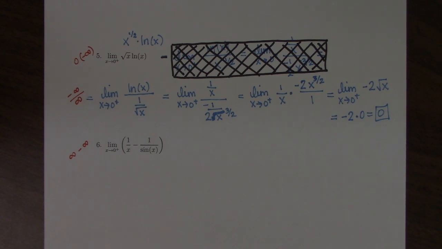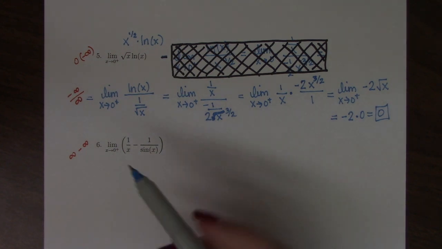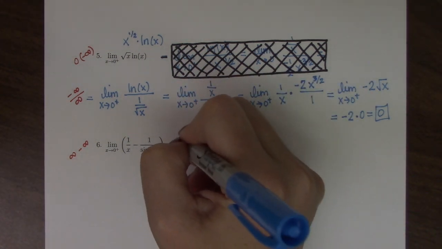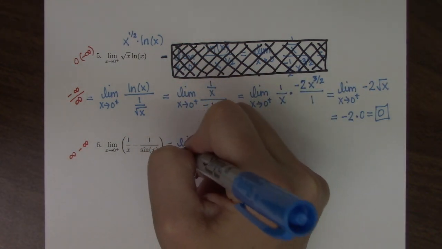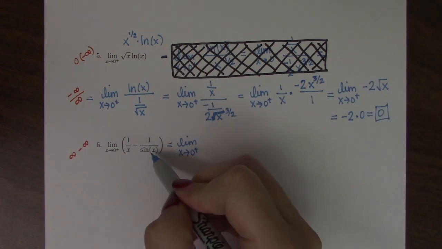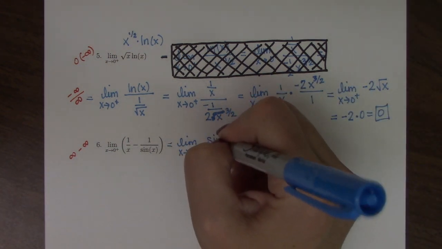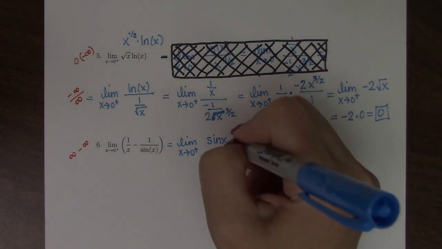So what we can do is try to get a common denominator and see if that puts us in L'Hopital's form. The common denominator here is going to be x times sine of x. So I'm going to take the first term and multiply it by sine x over sine x. So I'm going to get sine of x in the numerator.